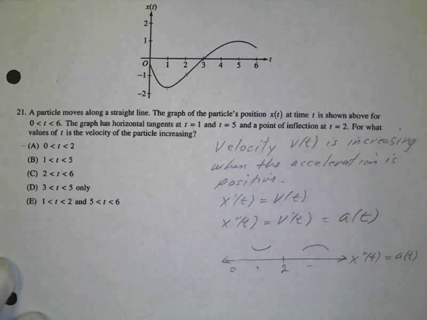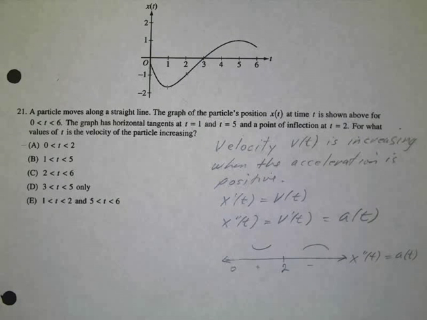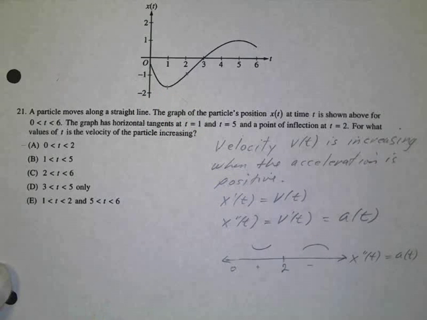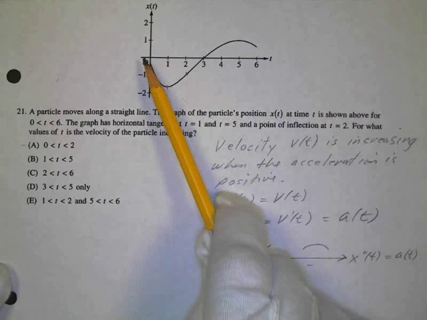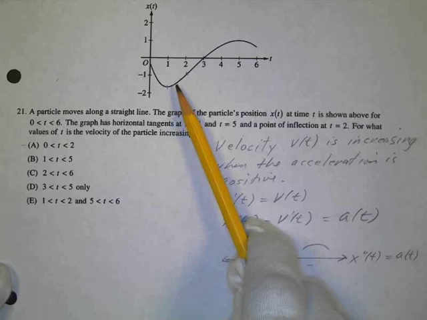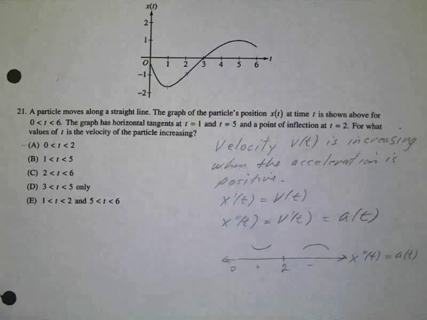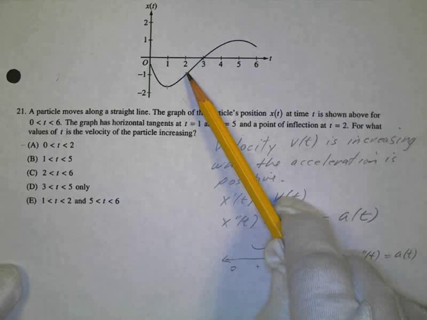If you're going at minus 45 miles per hour, then all of a sudden you're going at minus 20 miles per hour, then what's happening is your velocity is increasing. So that's basically why we look at the concavity, all right? So even though the velocity may be negative, it's increasing. And now it's positive.